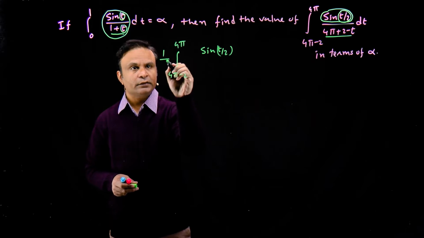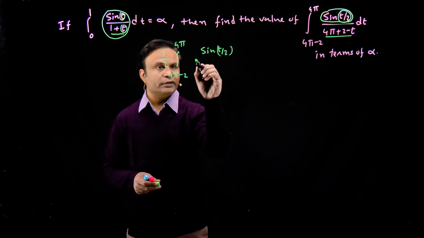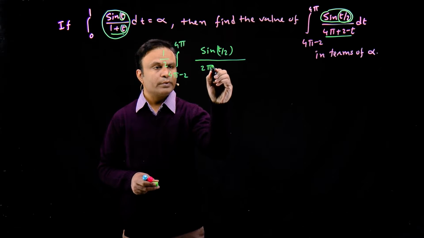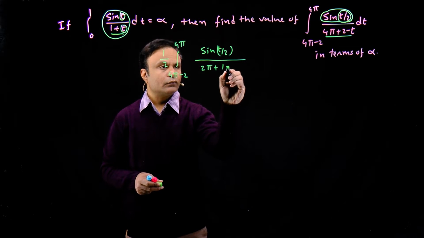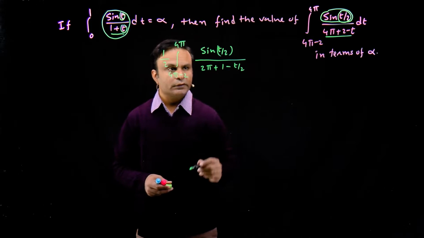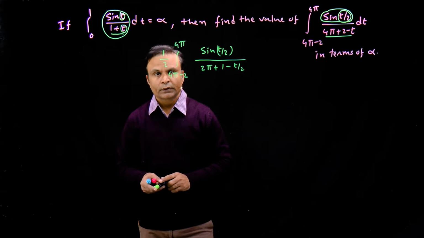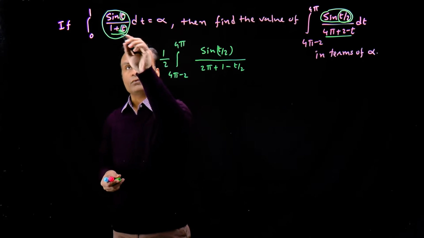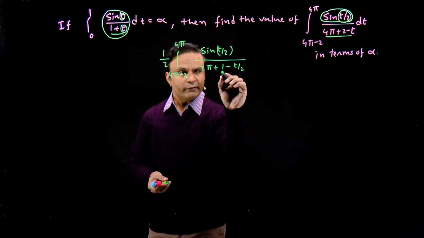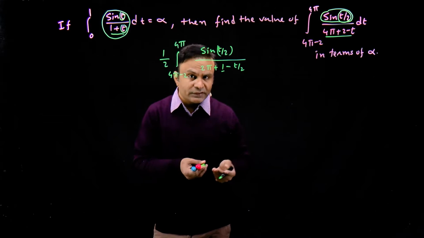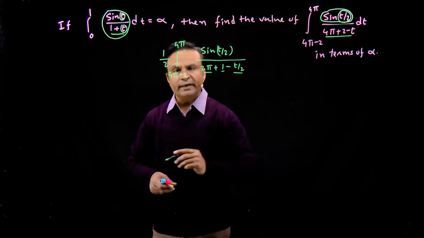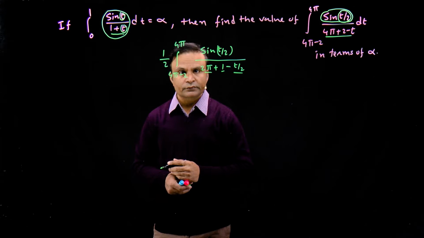I am taking 2 common from the denominator. So denominator will be 2 pi plus 1 minus t by 2. Okay, what next? I have here 1 plus t. Now I have here 1, but in place of t by 2, I have actually 2 pi minus t by 2.